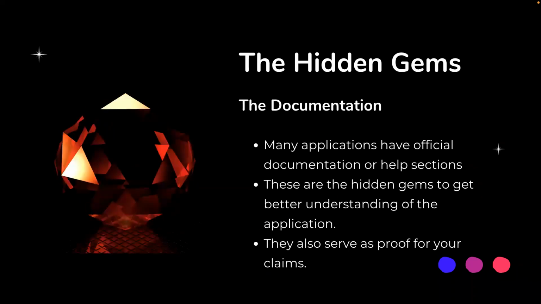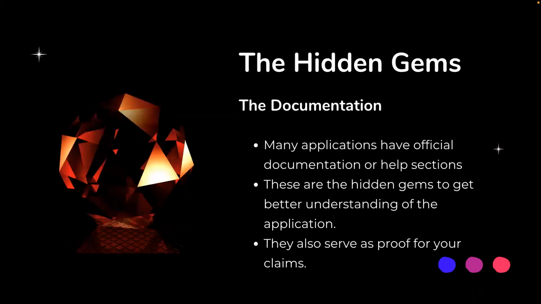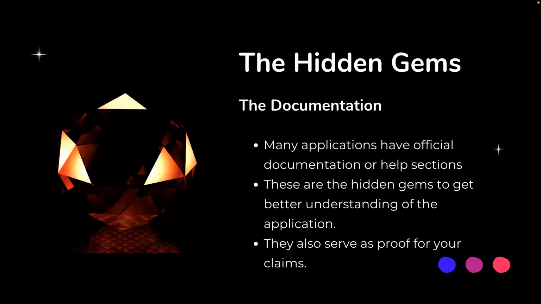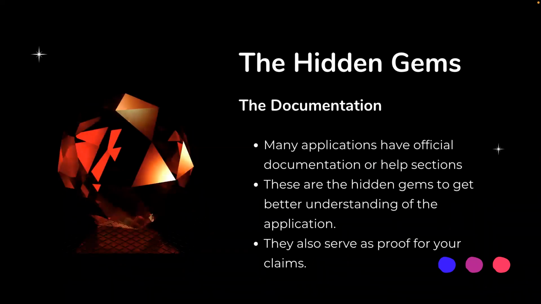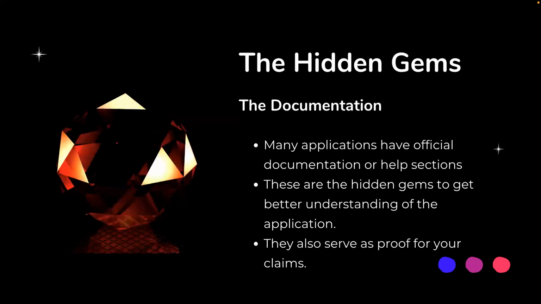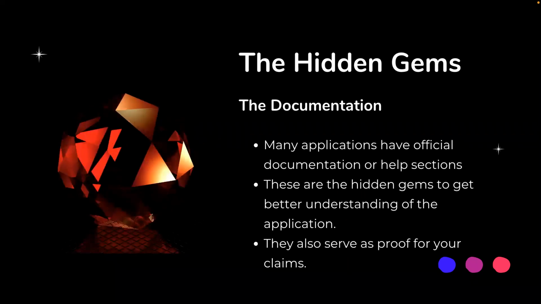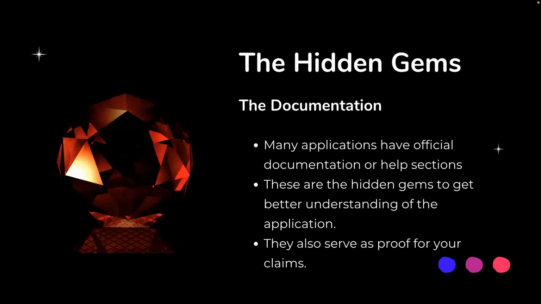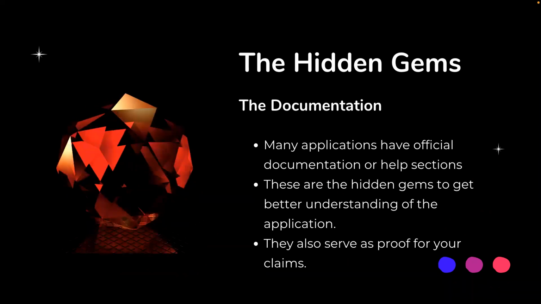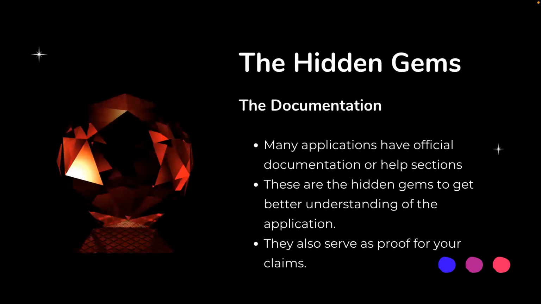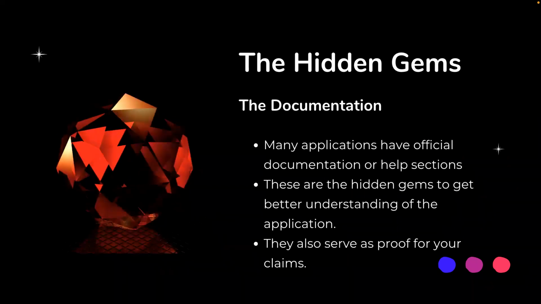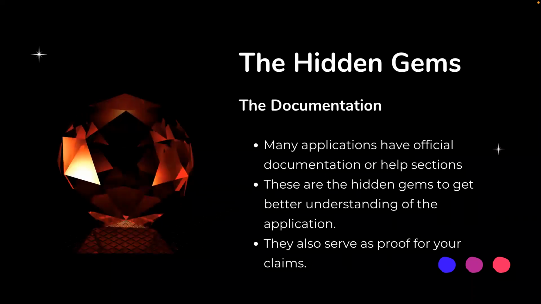Also, when you report any vulnerability, the documentation serves as proof of your claims. So if you're saying this user is not supposed to do this, or this type of functionality is not intended to work like this, what is the claim you have? Where is the proof of that? If there is no documentation, then you can directly say, see, from the UI, from the normal flow, you can do this.